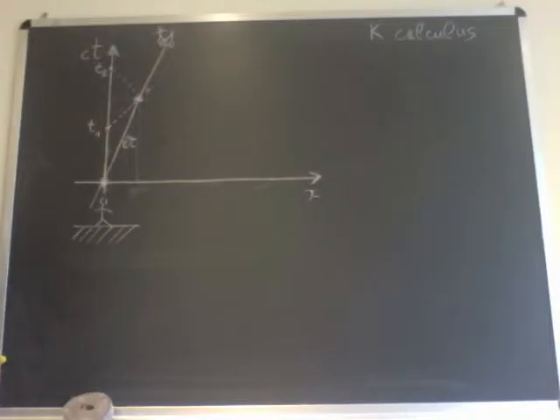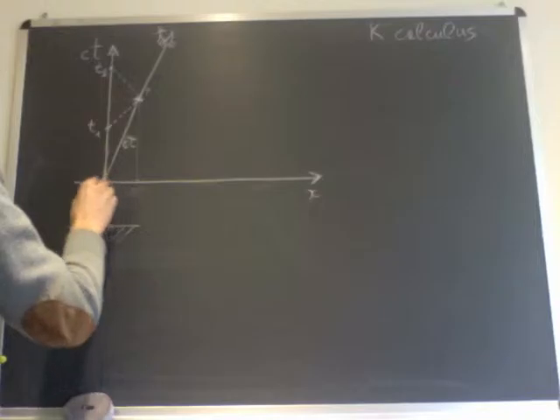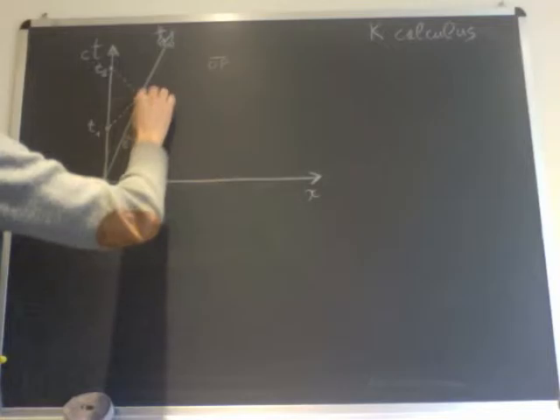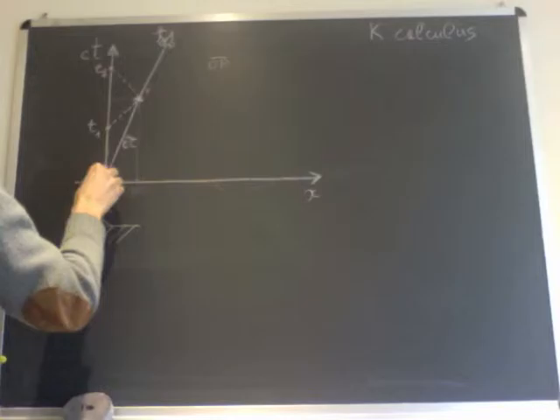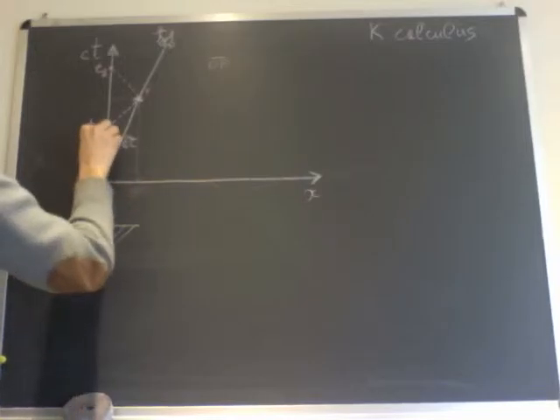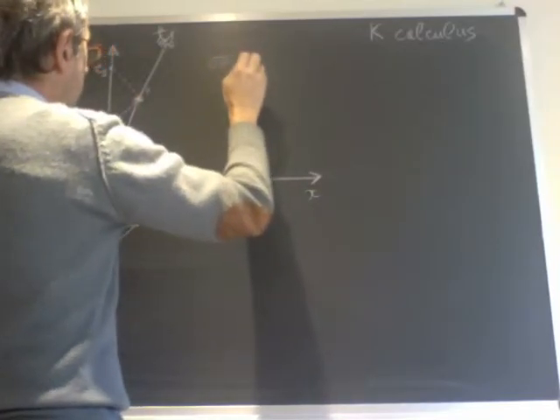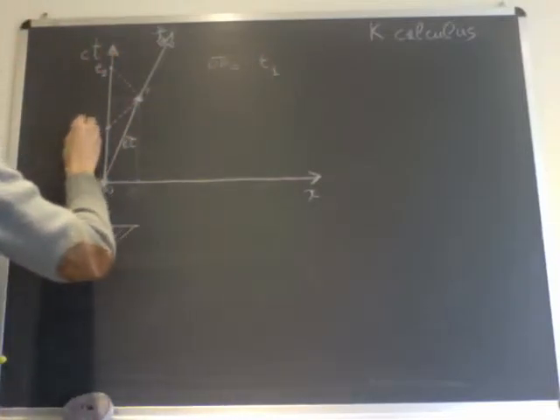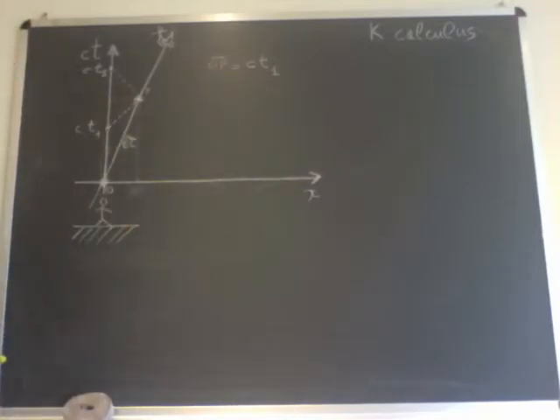Okay, so what can we say? We can say that for sure, let's call this O, the length OP in this triangle here is equal to the length from here to here, that is equal to the time t1, sorry, ct1, because it is a spatial length.